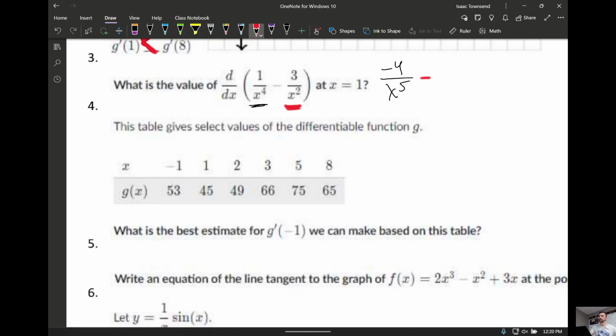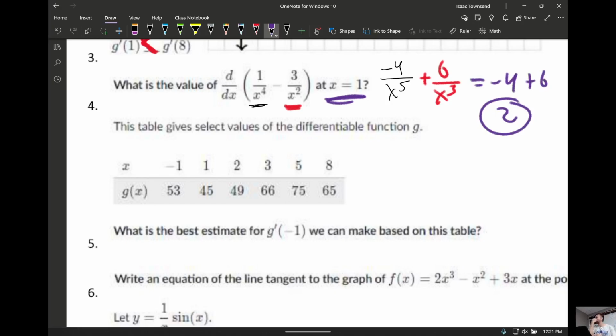Negative 6 over x to the 6, or x to that right side. Okay. And then if we want to know what x equals 1, what do we do with the 1? Plug it in. So you end up with -4 plus 6. So 2 is the answer to question 4. You guys okay with why this derivative came from that, this derivative came from that, plugging in 1 where the numbers came from? Okay.